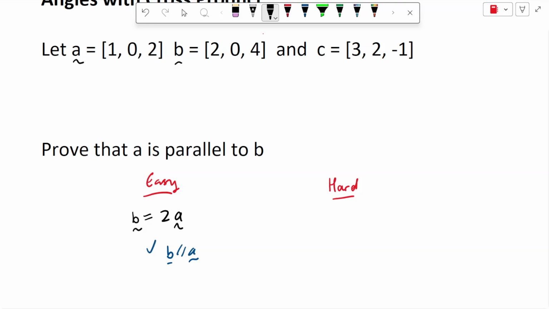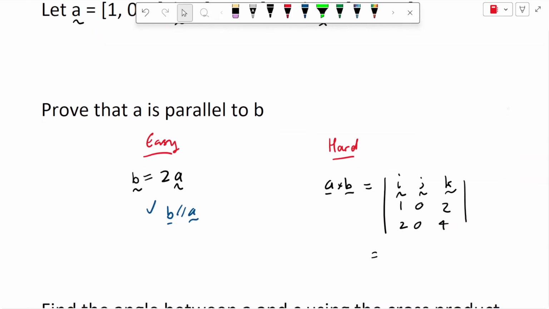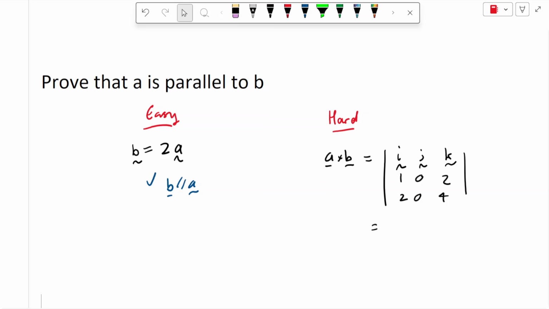Those vectors should all be bold as well. If we calculate the cross product a cross b, you've got i, j, and k, then 1, 0, 2 and 2, 0, 4. And basically, if you get 0, then the vectors are parallel. We'll see if that happens.